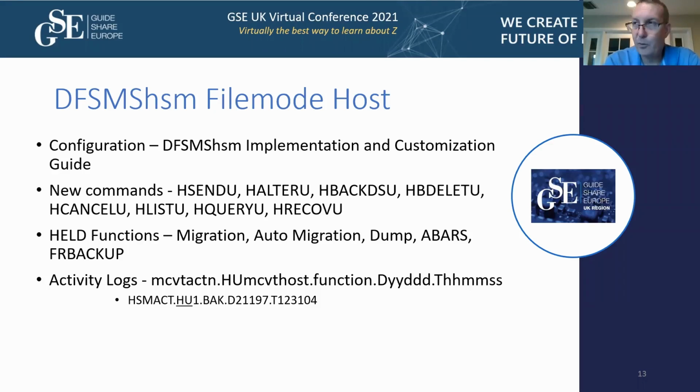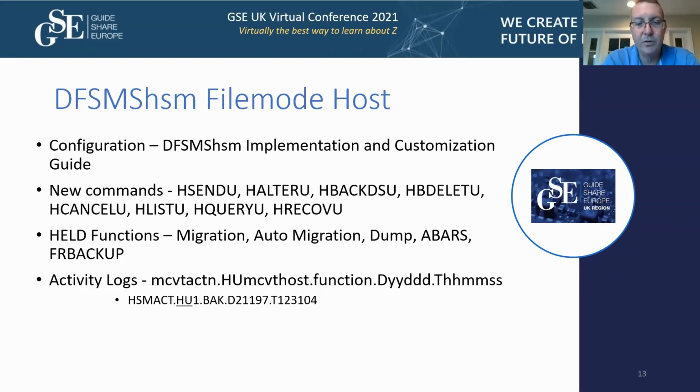The auto backup processing for the file mode host is not held, but it only does the first two phases. Phase one is where the control data sets are backed up. The second phase is where backups on the ML1, the DASD, are moved to the daily spill volume, so they are moved out to tape, and then the auto backup is done.